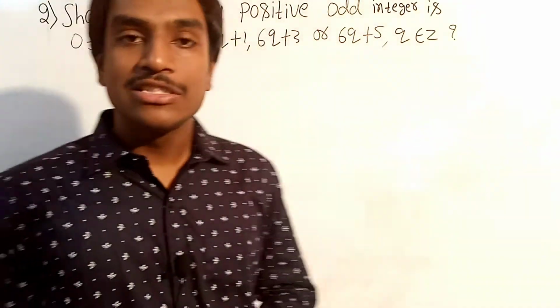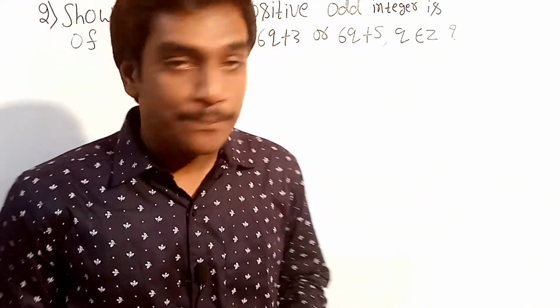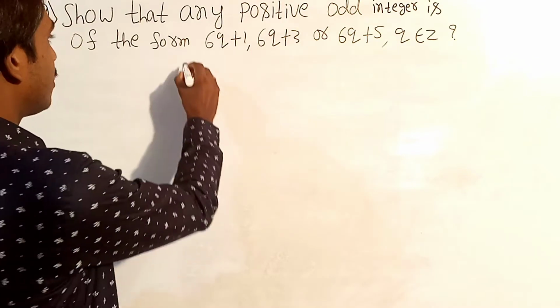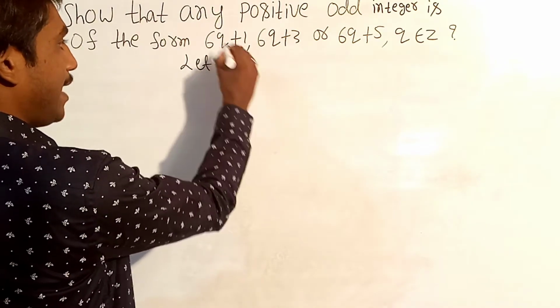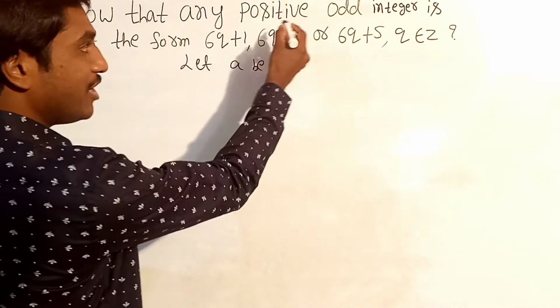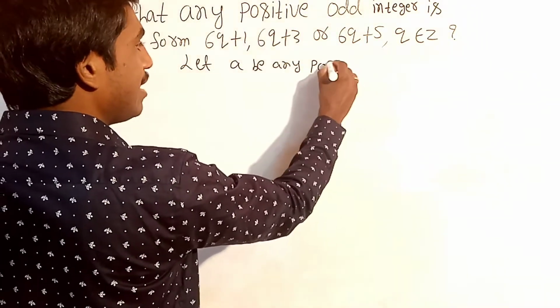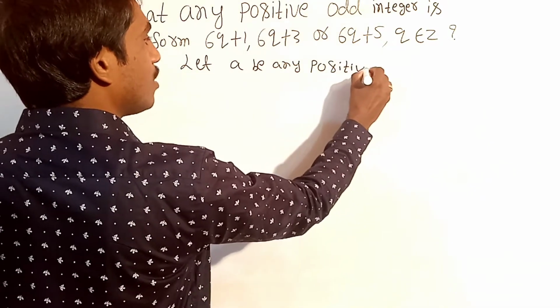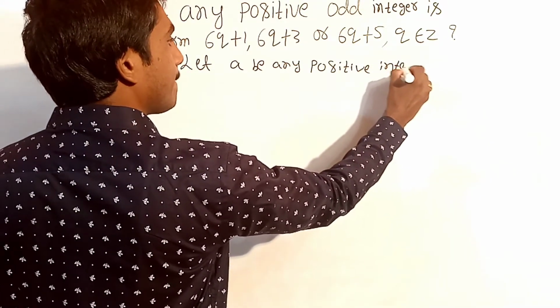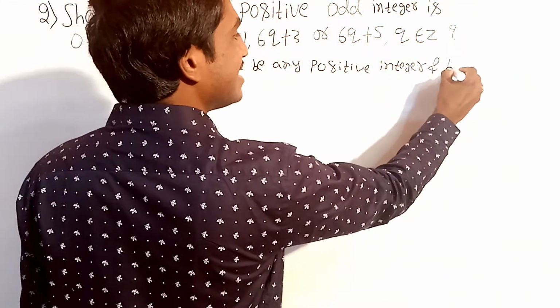Now we know that Euclid's division lemma says that a is equal to bq plus r. Here we will take a to be any positive integer, because they have given here positive integer, and b to be 6.